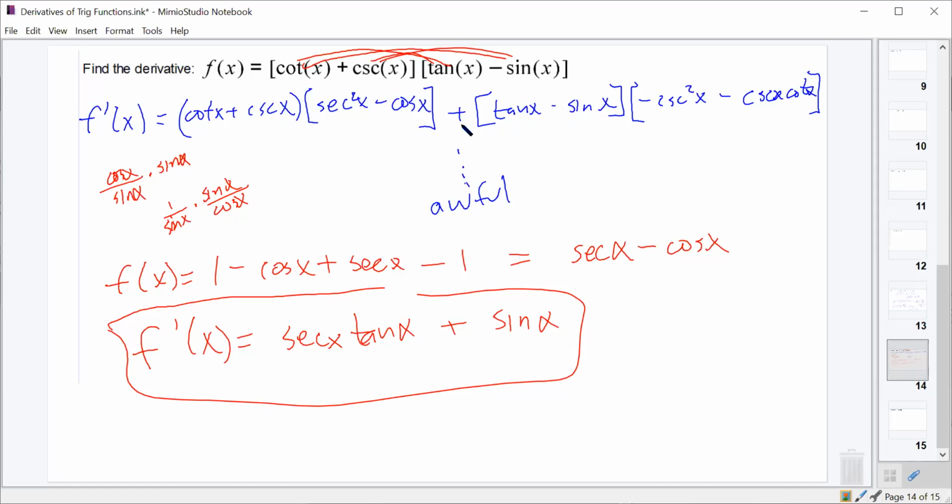If you distribute it all out and simplify and rearrange, you'll get this same answer. But if you're looking at a fairly complicated trig equation that you're trying to take a derivative of, always simplify that nasty trig equation first. Always simplify first if you can, and then worry about taking the derivative after that.